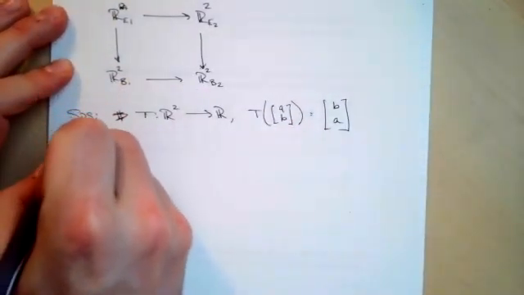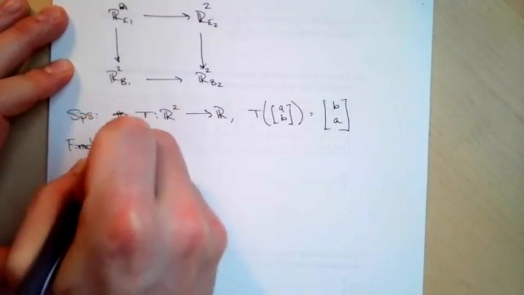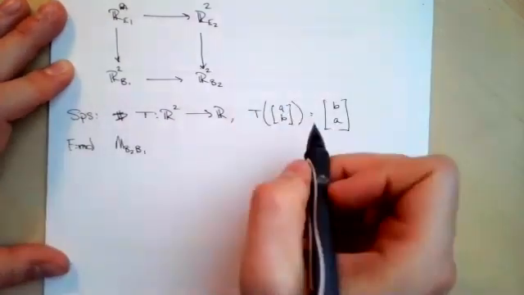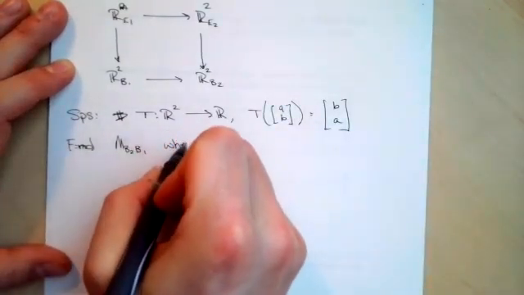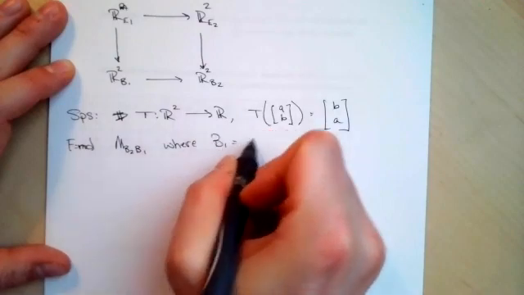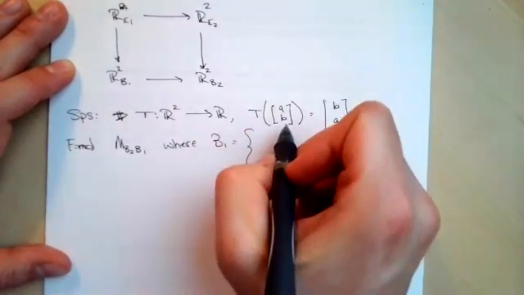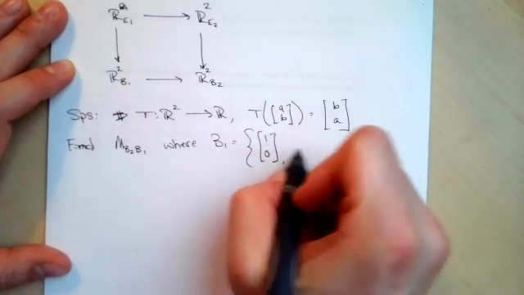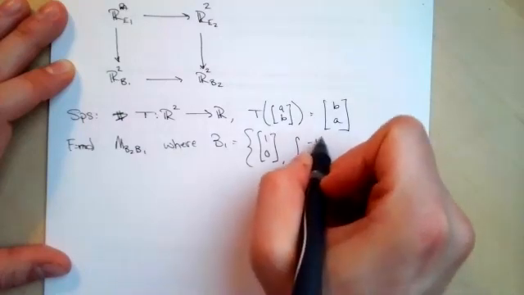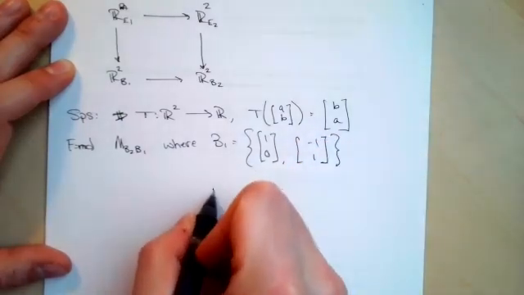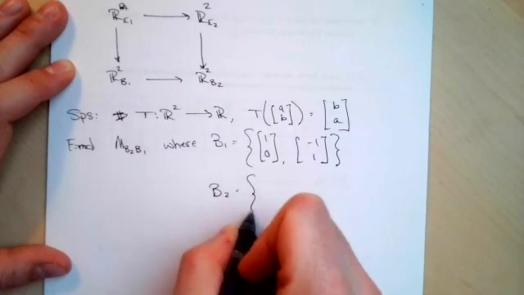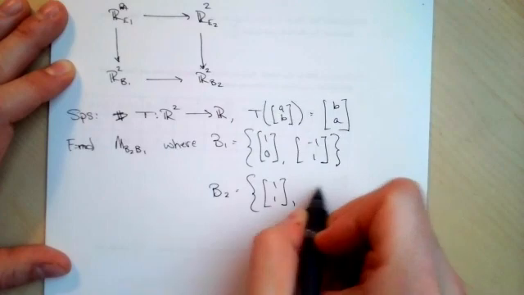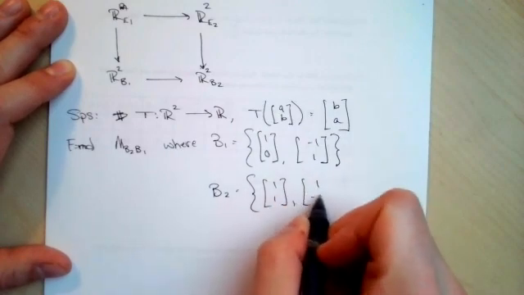So find the matrix of T associated with different basis vectors, where our B1 is (1, 0), (-1, 1), and B2 is (1, 1), (1, -1).